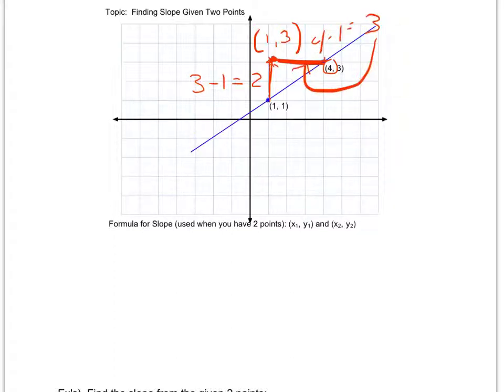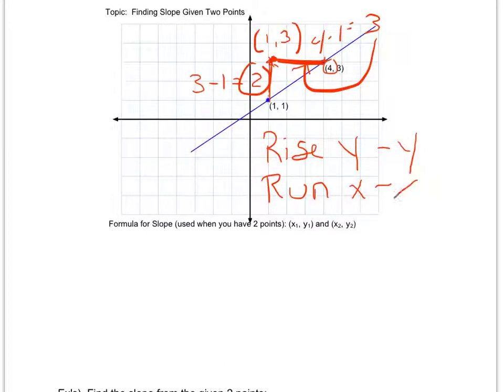Okay, so my rise is 2, my run is 3. To find my rise, I took one of my y values and subtracted the other y value. To find my run, I took one of my x values and subtracted my other x value.